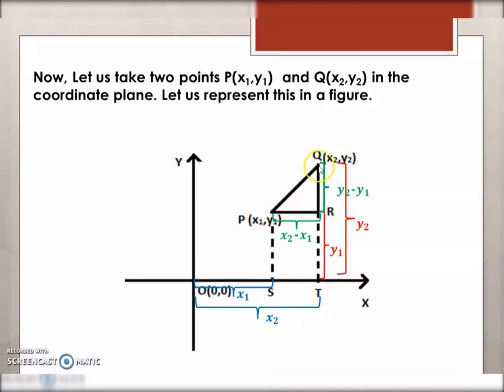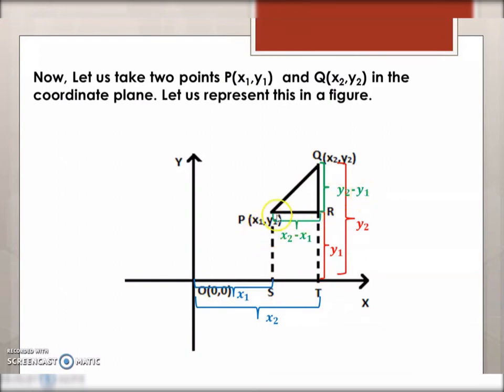So to find the distance between the points P and Q, you will first find out what the perpendicular and the base of this right angle triangle PQR are. For that we have just noted down these distances. This is y2, y1 and this is x2 and this is x1. So if you need to find QR, this will be y2 minus y1.